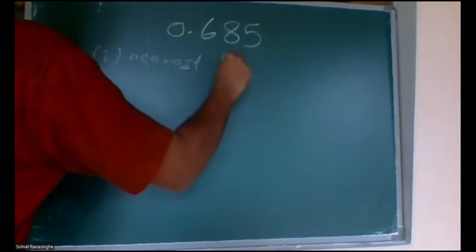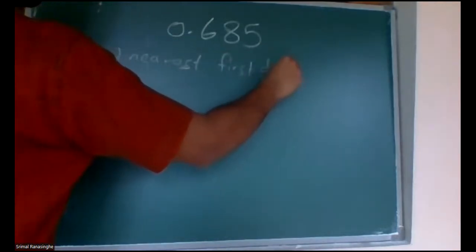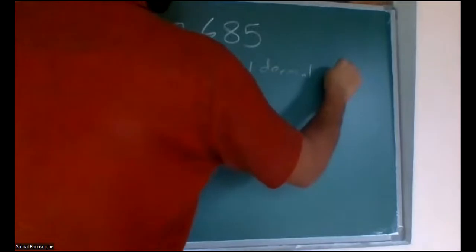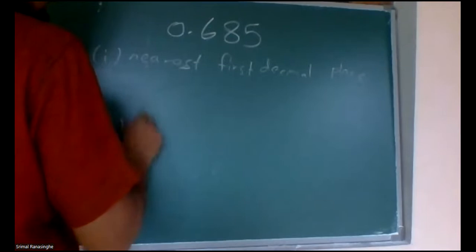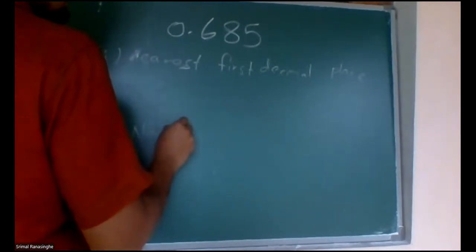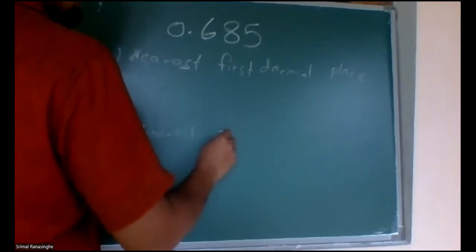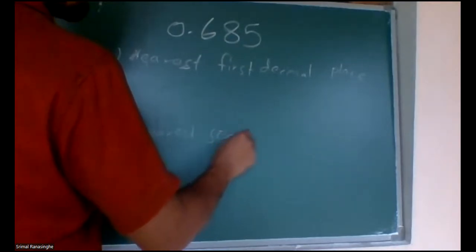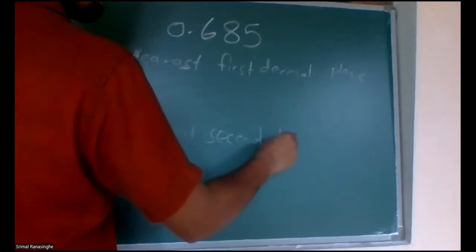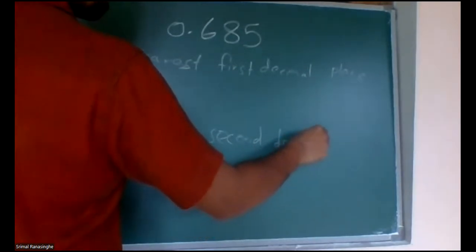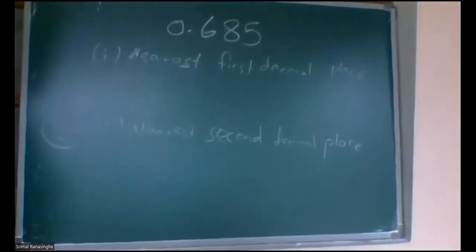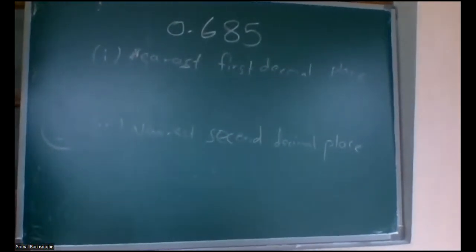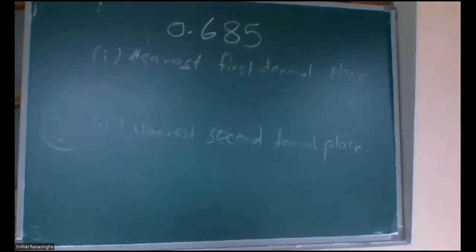Nearest first decimal place, and nearest second decimal place as well. Try to write 0.685 to the nearest first decimal place and nearest second decimal place. Start.